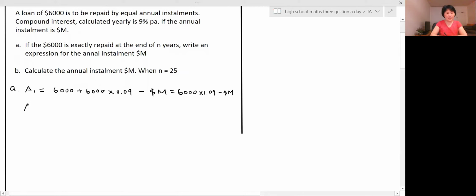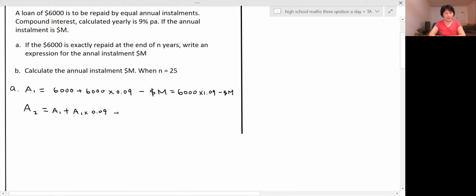Okay, I write this is A2. This A2 means at the end of the second year, will be equal to this A1, the balance. At the end of the first year, the balance will be brought to the second year, beginning of second year. A1 plus this A1 will be charged the interest.